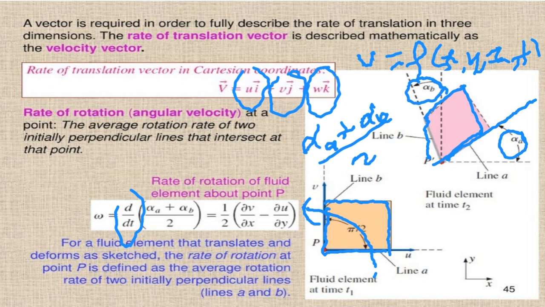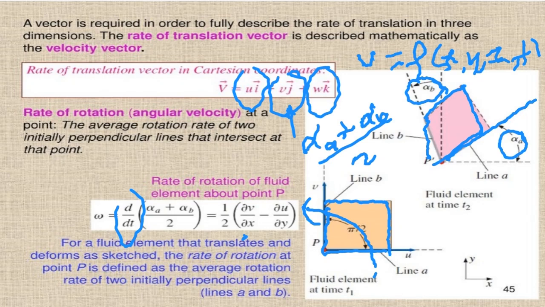If you take the drawings and work on them, you will see that the time rate of change of the rotation of this fluid particle is 1 over 2 times dv over dx, which is the change of the v velocity in the x direction, minus du over dy, which is the variation of the u velocity in the y direction.